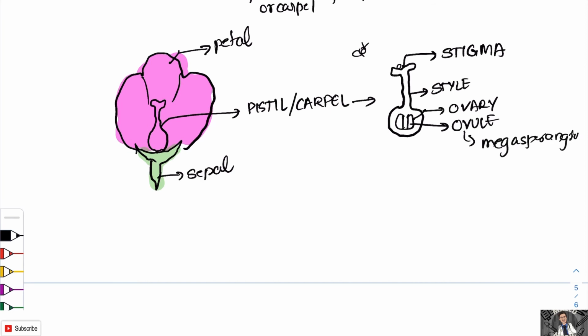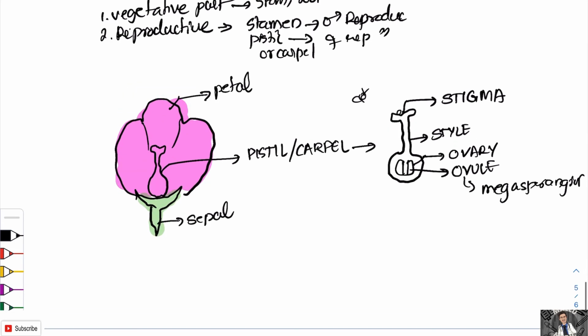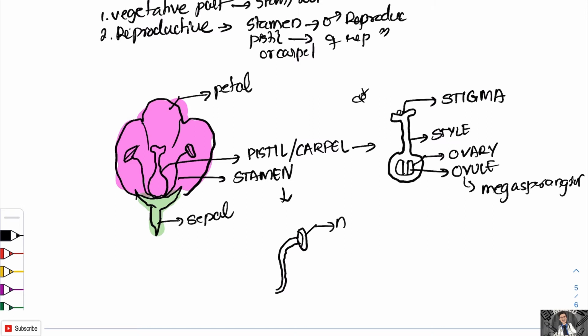Now you have learned about the female reproductive part. Now let's have a look at the male reproductive part. This is the stamen or the male reproductive part. Let's have an individual look. A stamen has two parts, the anther and the filament.